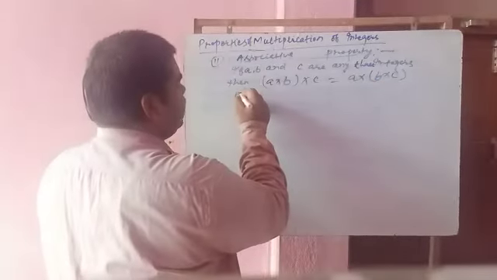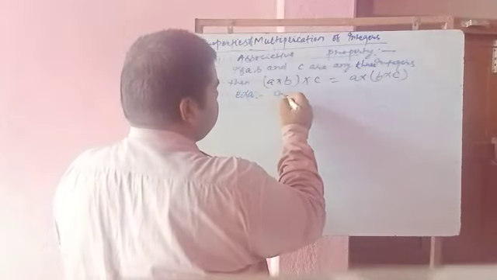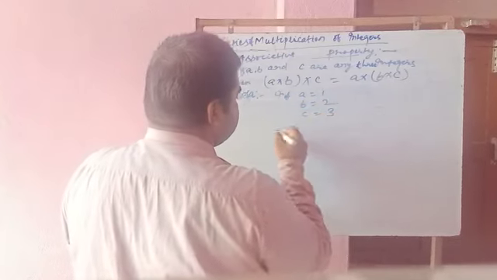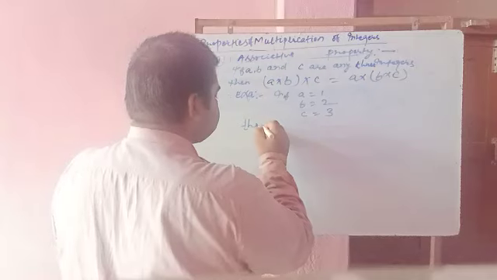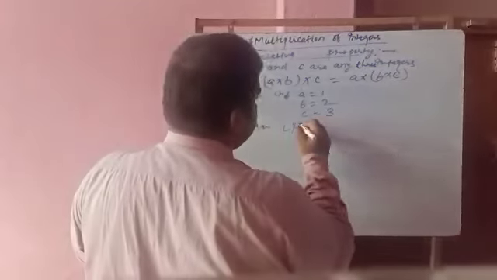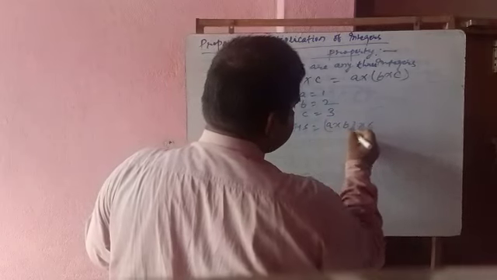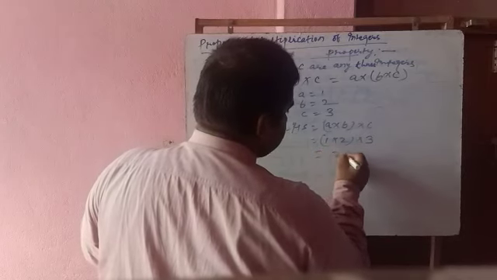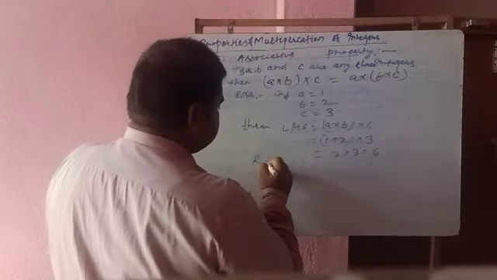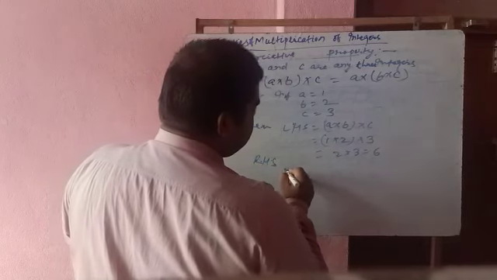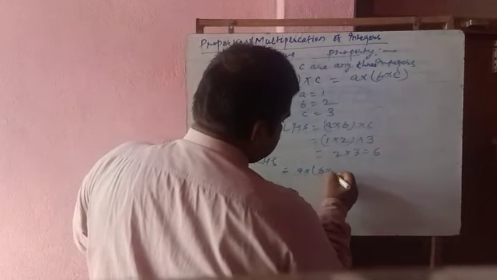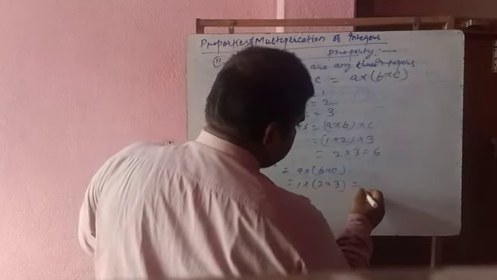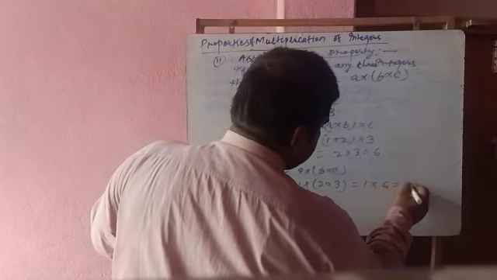Suppose a is 1, b is 2, and c is 3. Checking the LHS by putting in all the values, the result is 6.